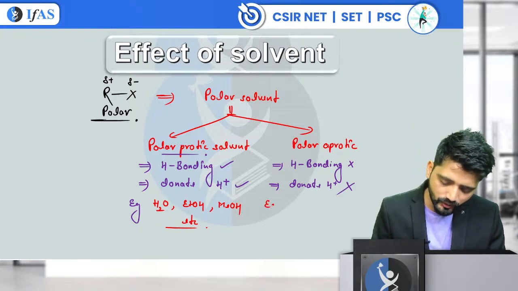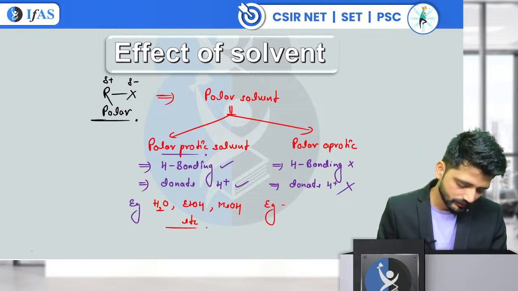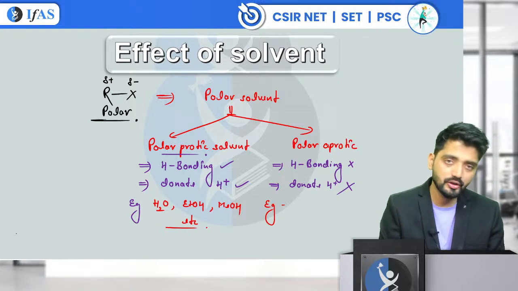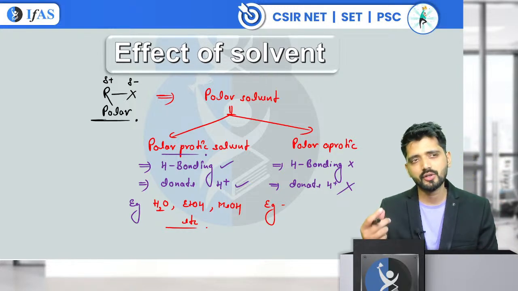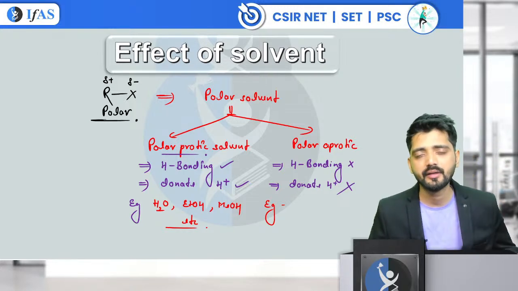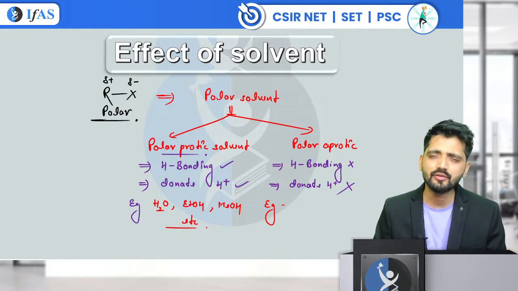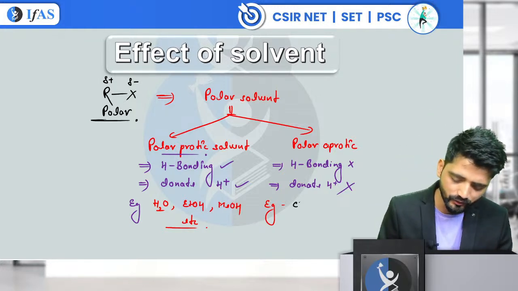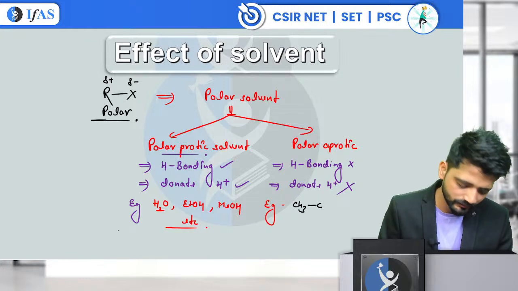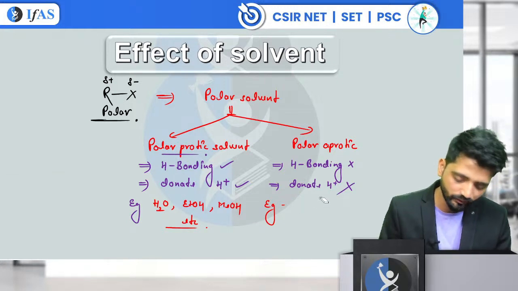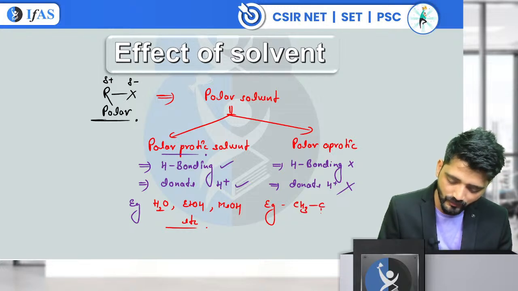When I talk about polar aprotic solvent, you must have rinsed your test tube in the days when you were in graduation with a solvent called acetone, if you remember that. CH3 C double bond O CH3. This is an example of polar aprotic solvent.